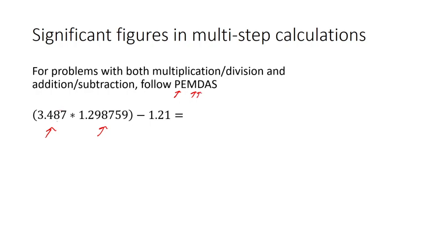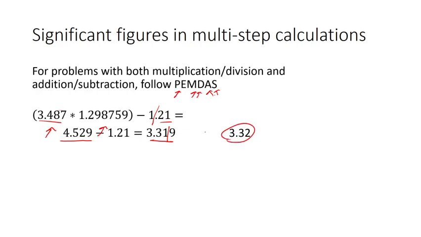So our answer here is going to give us something with 4 significant digits. And then afterwards we do our addition and subtraction, which means we will only be able to have 2 digits past the decimal. And so, here we multiply. That gives us our 4 significant digits. Then we subtract, we get this number, and we round up 3.32.